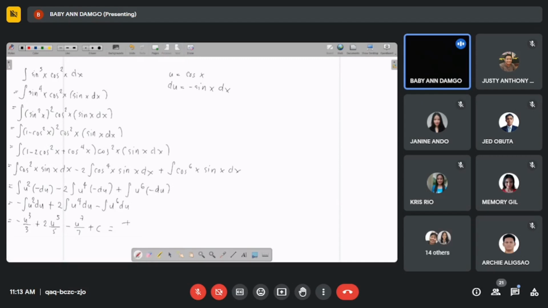So we have negative 1/3 cosine cube x plus 2/5 cosine to the 5th x minus 1/7 cosine to the 7th x plus c. And this is the final answer.